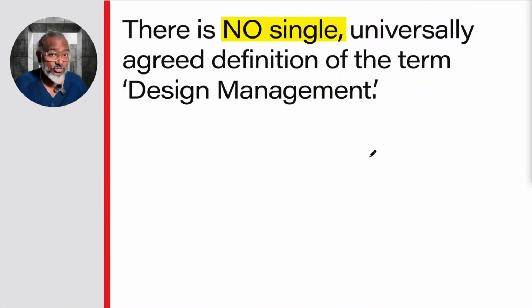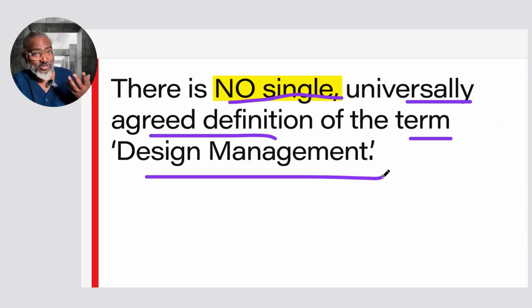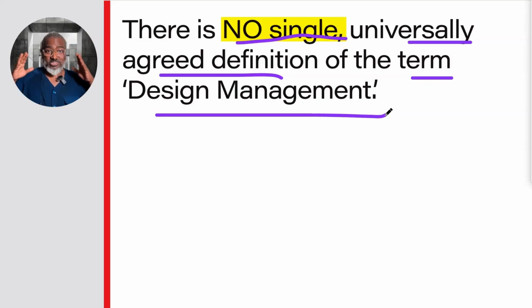So don't try to read about the definition of design management, because there is no single universally agreed definition of the term. When there is no clear single definition, why do you want to spend your time getting confused about it? But we need to know a few things to operate in the world. So that's what we're going to study in this presentation.